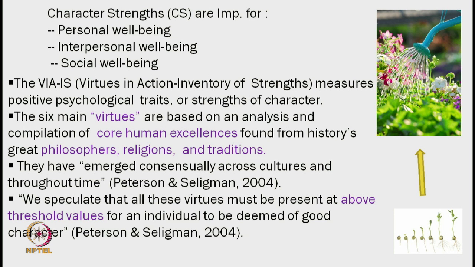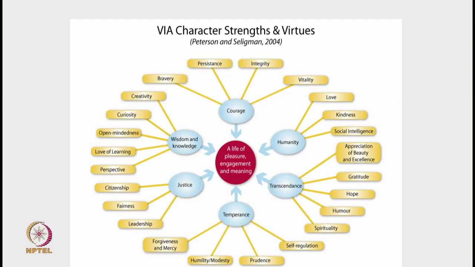So, they said we should have above average level to maintain our character strengths and virtues, at least in some of them, as well as character strengths; our status or our assessment level should be in the higher direction. So, let us know this model once again.